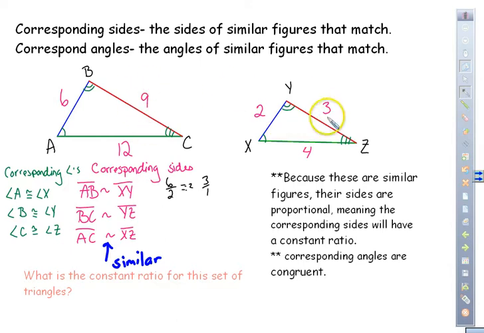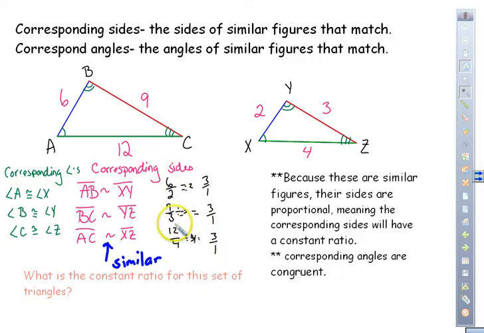So 9 over 3, which reduces by 3 for each one, giving me the same ratio of 3-to-1. And then the next one is 12 over 4, which again, reducing by 4, gives me 3 over 1.